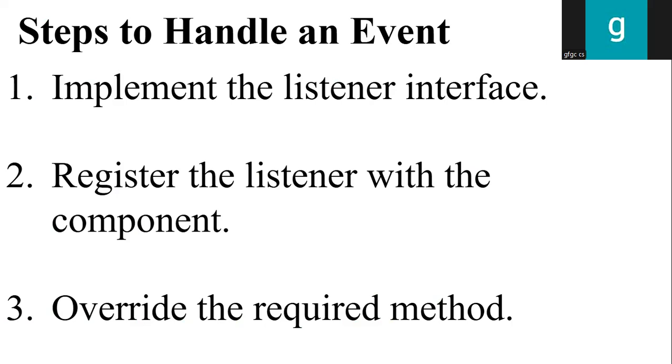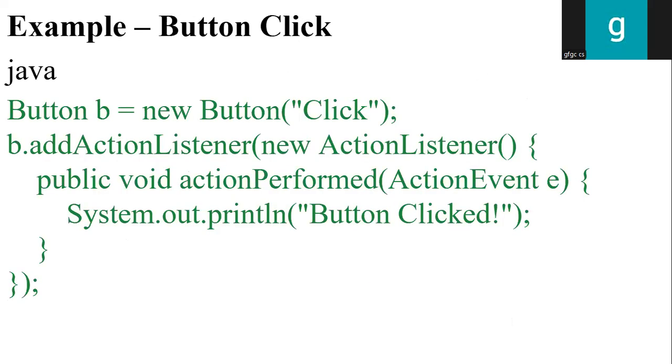Then to register that listener, I have to add the action listener. Then I override the required method. For that, I have only one method, actionPerformed, and I have to override that method in that particular class.